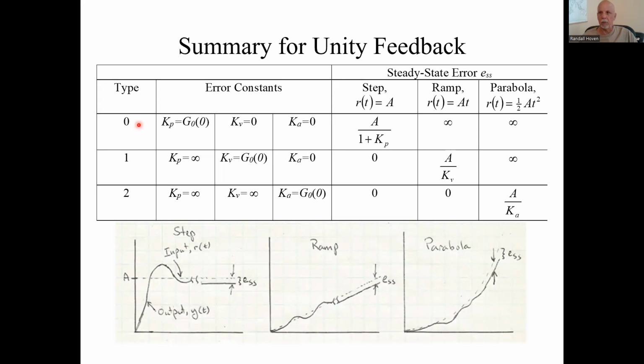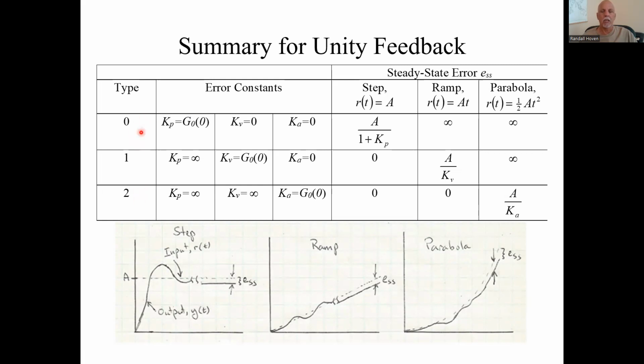You have three types that we consider, 0, 1, or 2, corresponding to a step, a ramp, and a parabola, not necessarily unit. They're going to be scaled by the constant A. Here's what the inputs are. Here's the types.